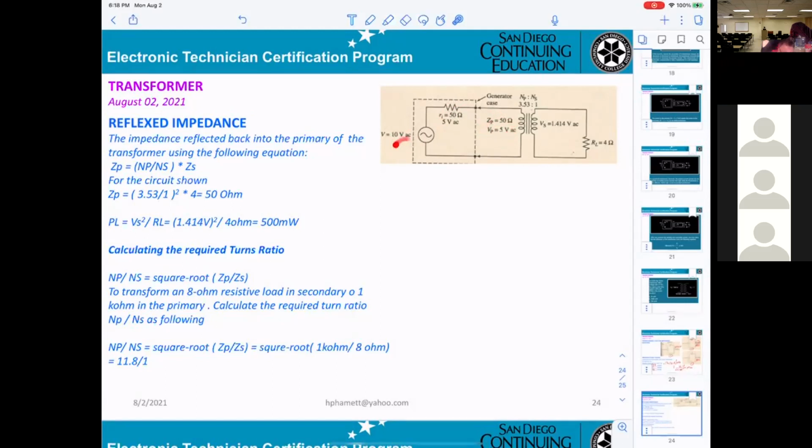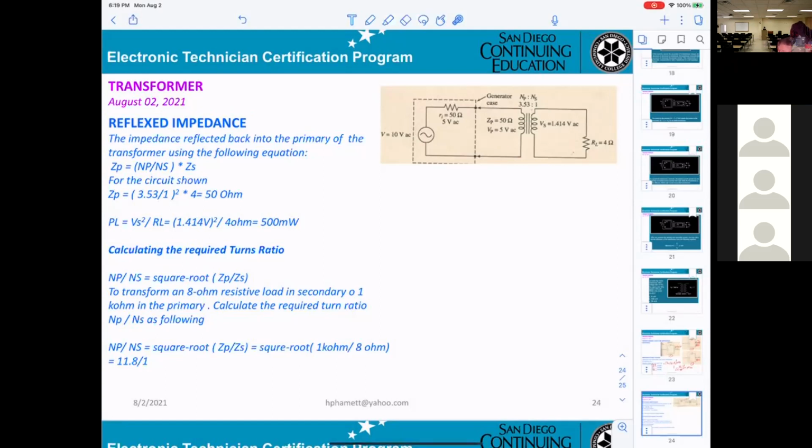10 volt here, impedance 50, 50. You can get the primary on the transformer will be 5 volt. That is how to calculate the primary voltage.